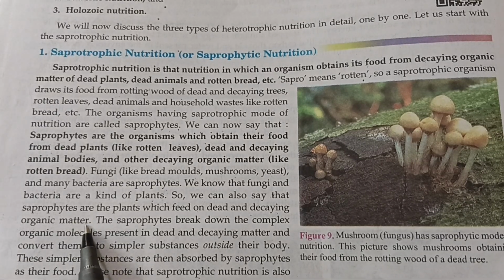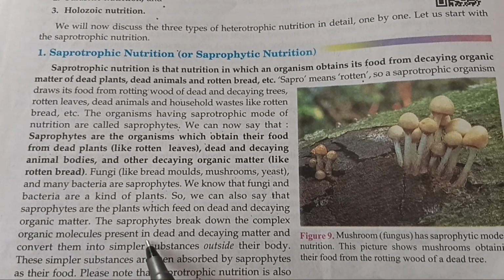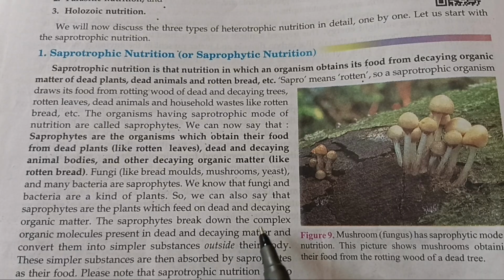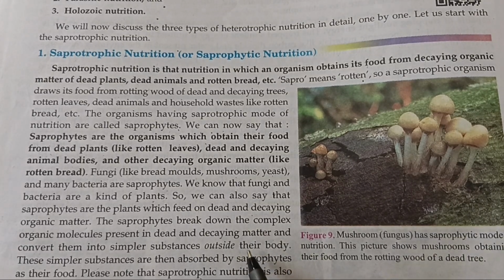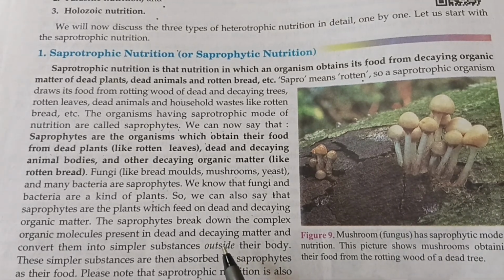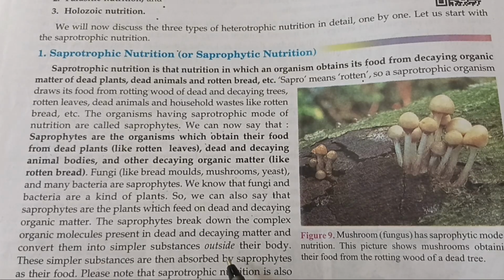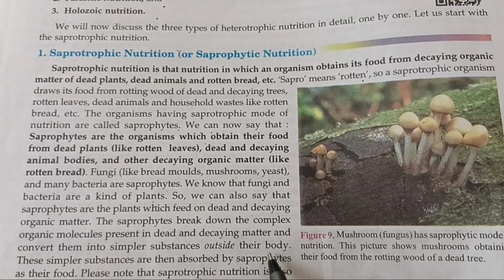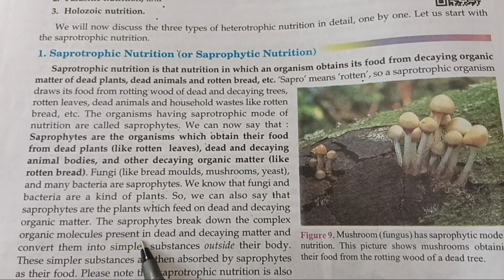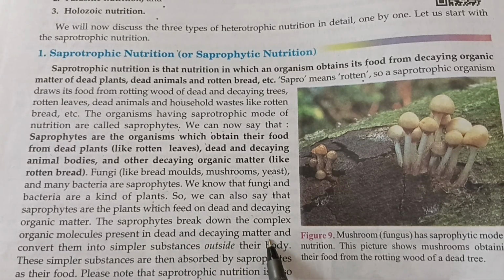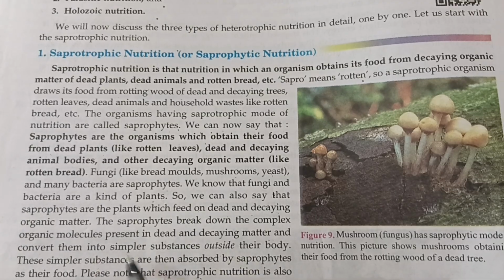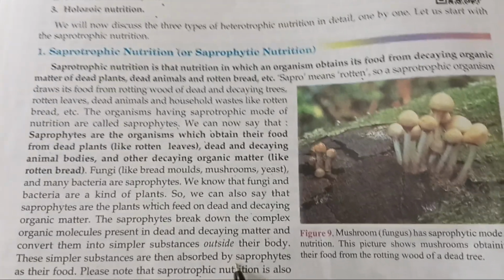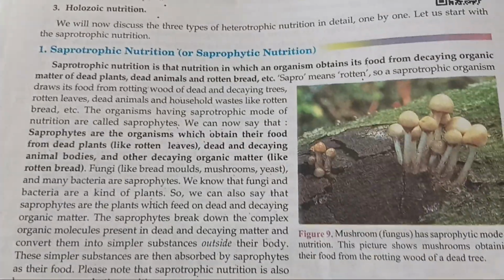How do they take the nutrition? They break down the complex food into simpler substances so that they can take the nutrition, and this process occurs outside their body. The saprophytes break down the complex organic molecules present in dead and decaying matter and convert them into simpler substances outside their body.